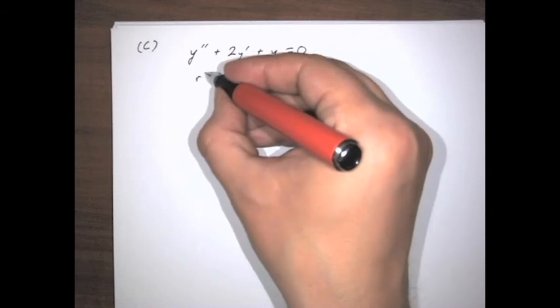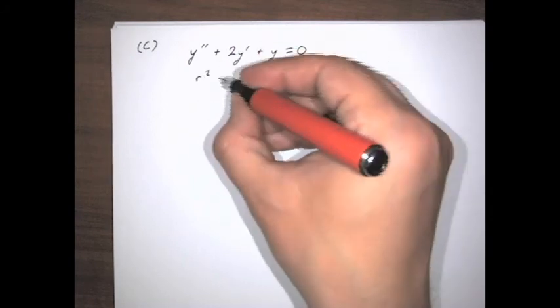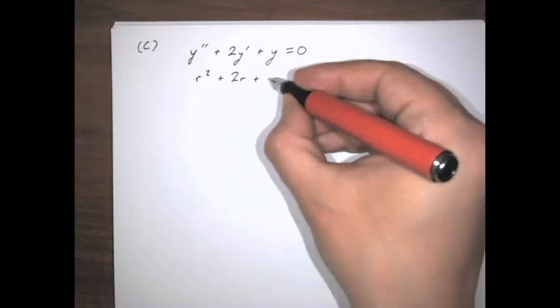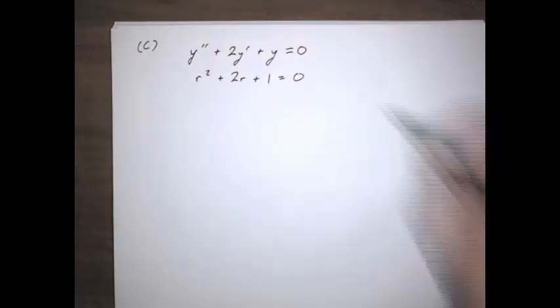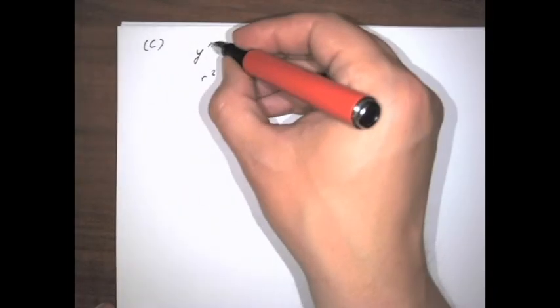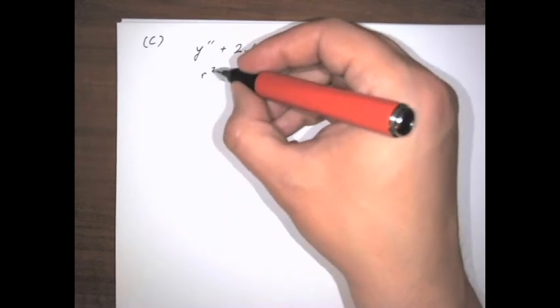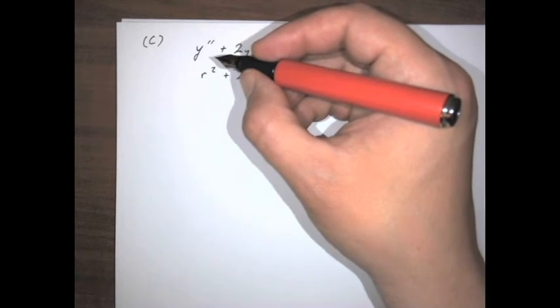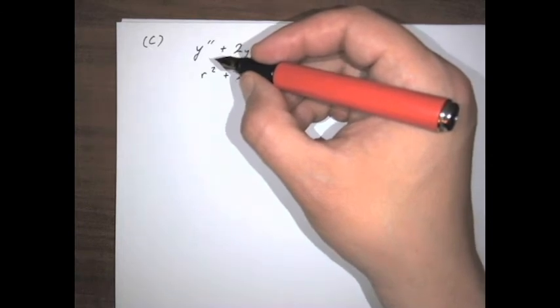So for our characteristic equation here, we're going to get r squared plus 2r plus 1 equals 0. This is, again, just reading off the coefficients and changing the derivatives to powers of r, because each derivative you take of e to the rx brings down an extra factor of r.